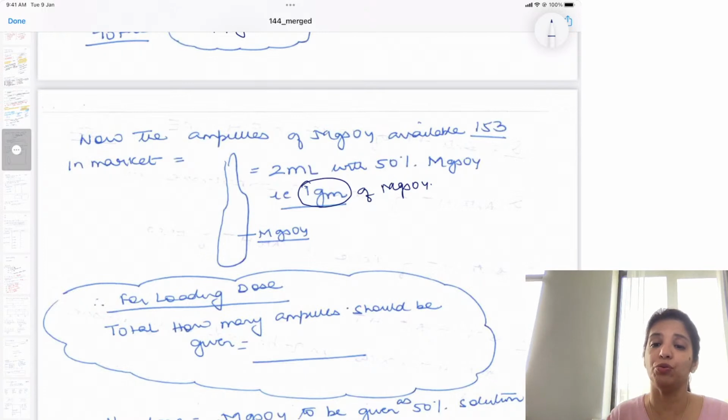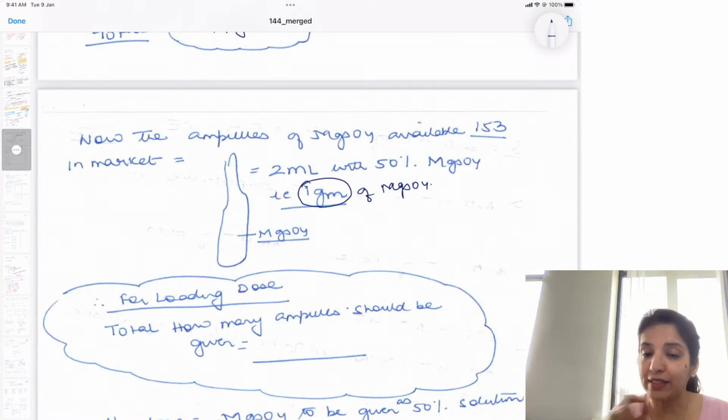Now I told you that when an eclampsia patient comes and we have to give her magnesium sulfate, we have to initially give 14 grams. So if I ask you that an eclampsia patient is entering the labor room and you are a first year gynae resident, how many ampules of magnesium sulfate are you going to pick up at one go?